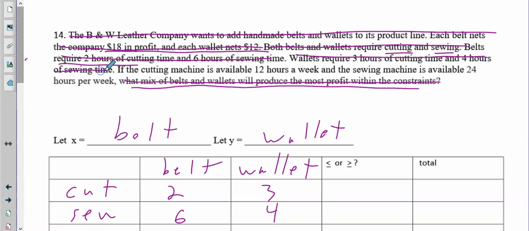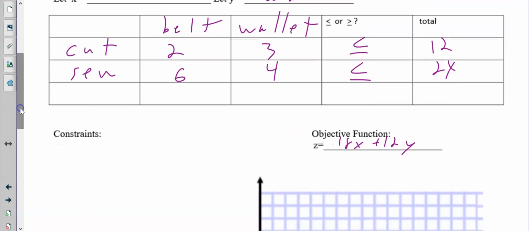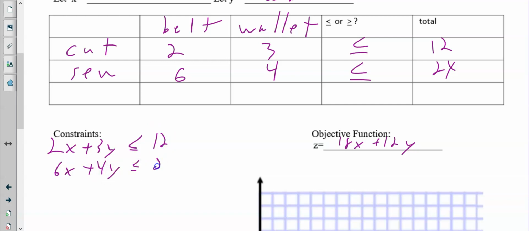Done with that. The cutting machine is only available 12 hours. Sewing machine is only available 24 hours. That's the maximum, so less than or equal. Now we come down. Here's my first. Here's my second constraint. Always put these.